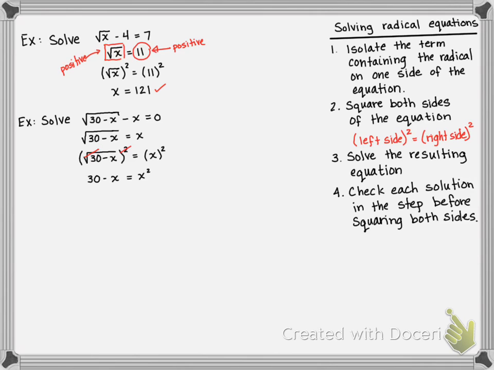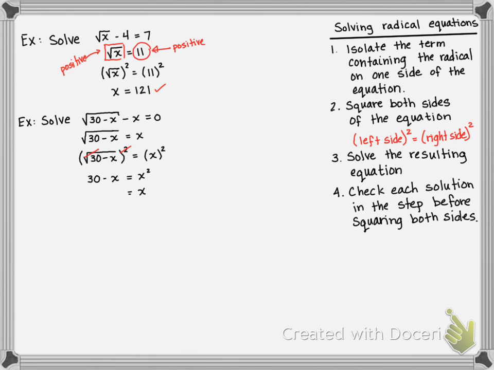We can solve by factoring, but first we have to get a 0. I don't want a negative x squared, so I'm going to move everything else. I'm going to add x to both sides and subtract 30 from both sides. Here, I'll just write it in a different place.